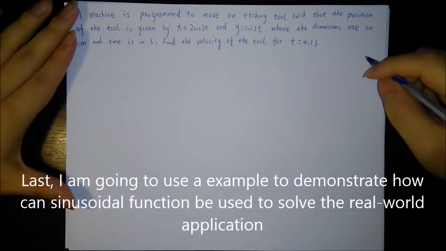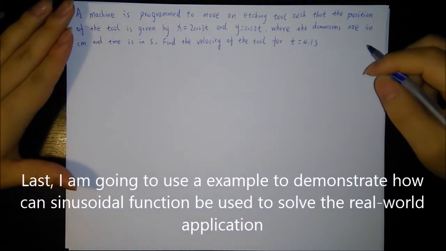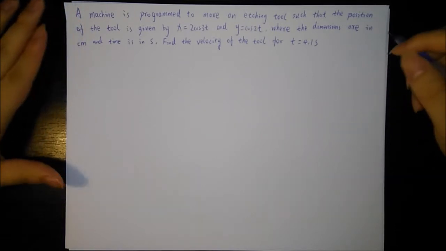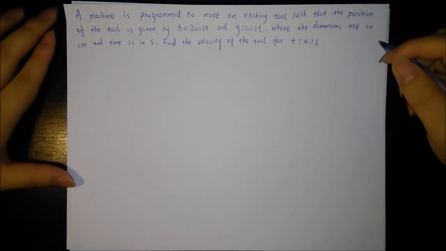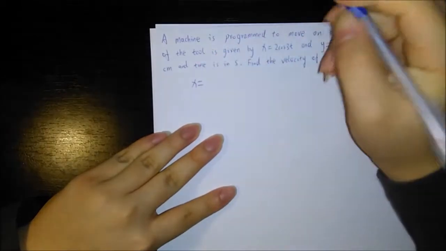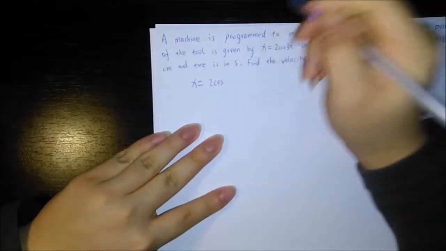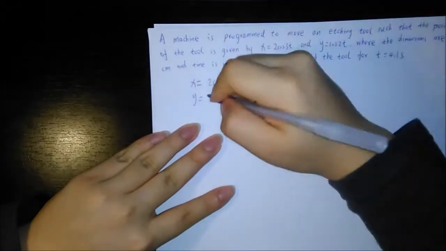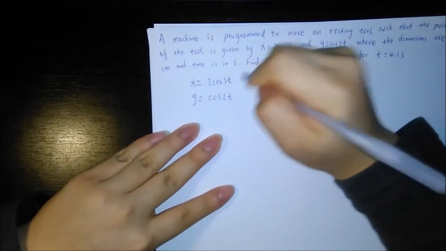Last, I'm going to use an example to demonstrate how a sinusoidal function can be used to solve a real-world application. From the question, we already know the position x equal to 2 cosine 3t and y is equal to cosine 2t.